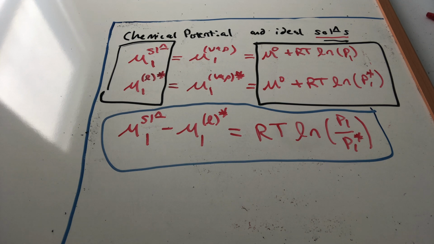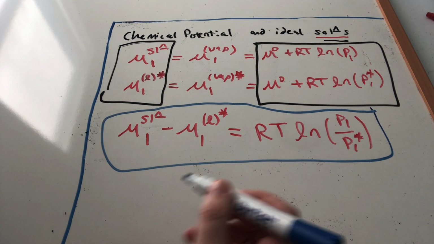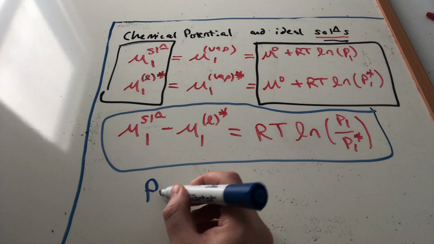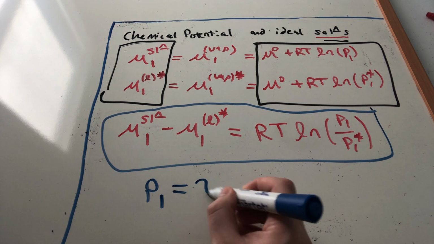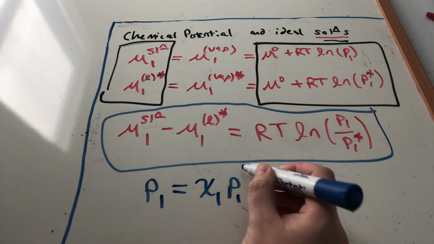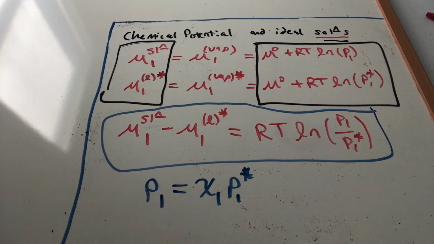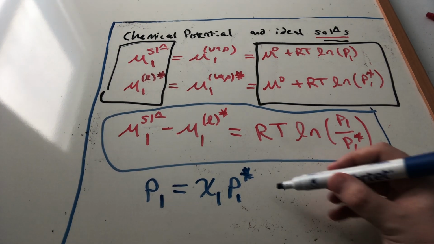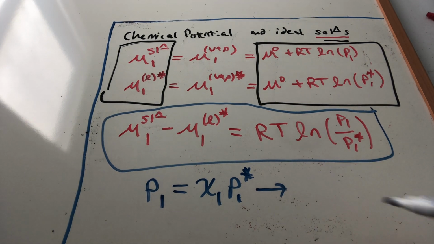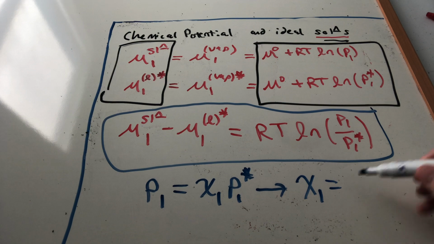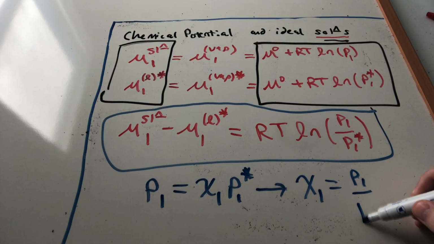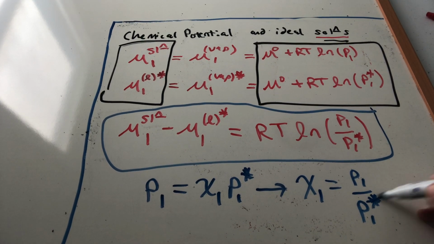Now, if you have an ideal solution, this P1 over P1 star, we actually know how to analyze in an important way. Raoult's law tells us that P1 is equal to chi1 P1 star. So incredibly, maybe you're not as excited about it as I am, chi1 looks like P1 over P1 star.